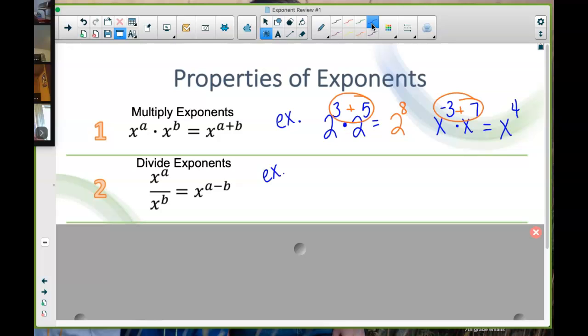The whole point of this is to have all of it in your notes in one nice spot so you're not searching all over the place on the day of the test. You might see a problem like 7 to the 6th power over 7 to the 4th power. As long as they're the same base, we can do this, and you just subtract the exponents. So it would be 7 to the 2nd power, since 6 minus 4 is 2.